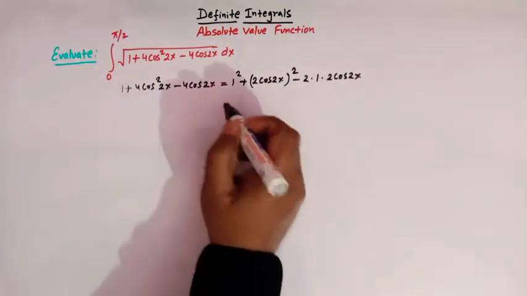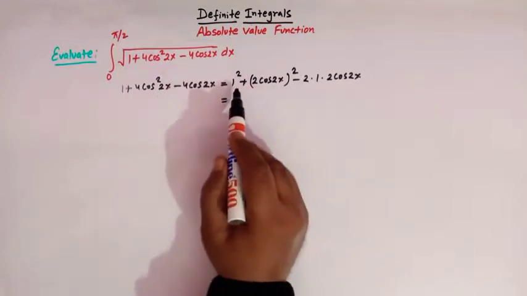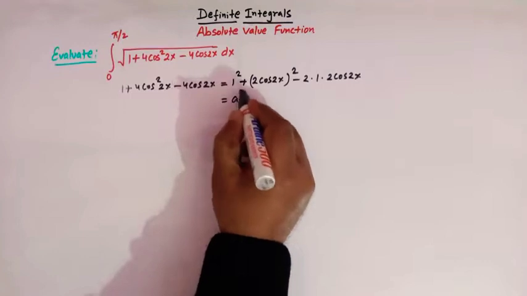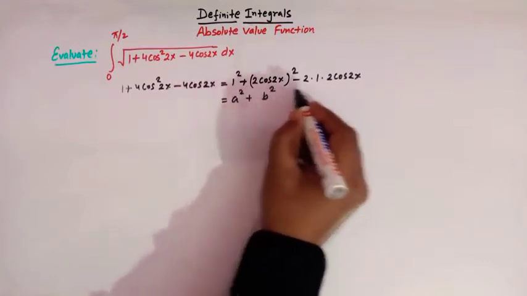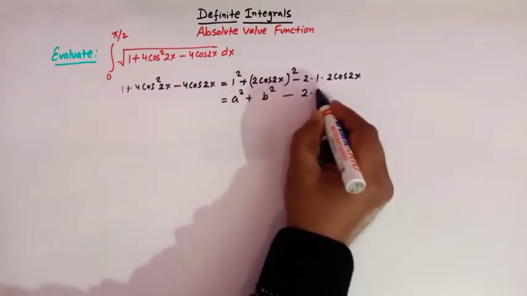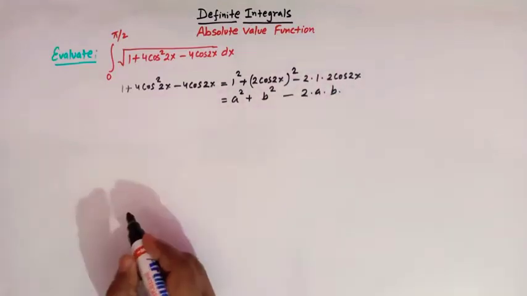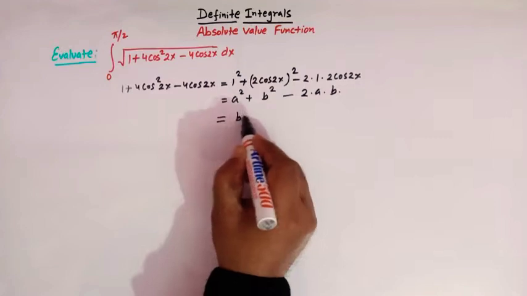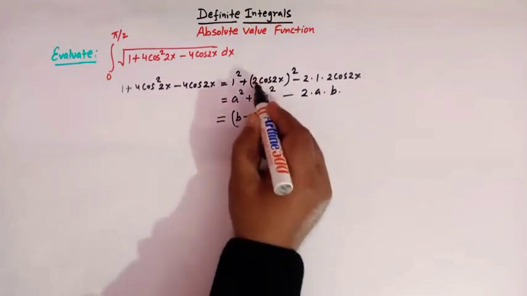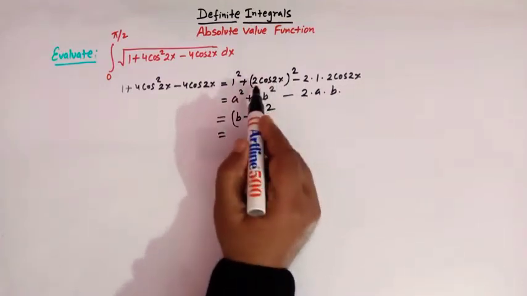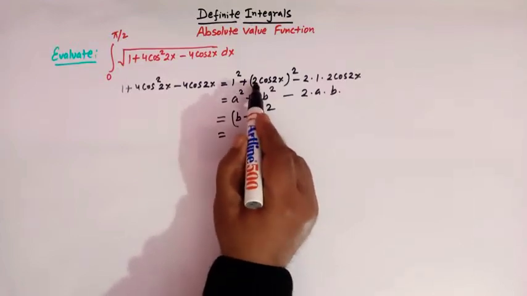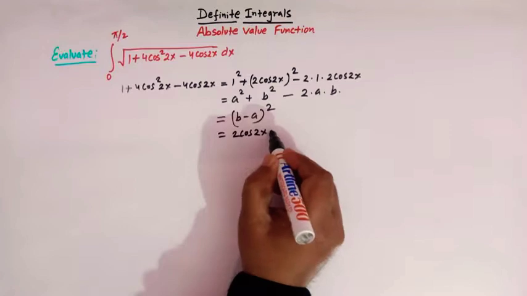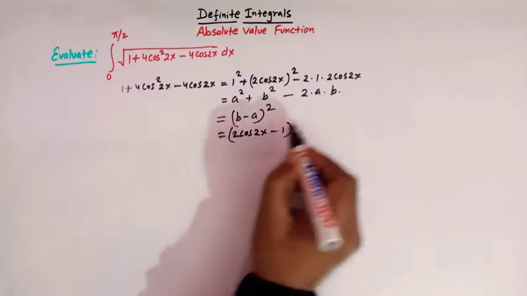So this term can be written as a square plus b square minus 2ab, and we can write it as b minus a whole square. That is, we take the term 2 cos 2x first, so we have 2 cos 2x minus 1 whole square.